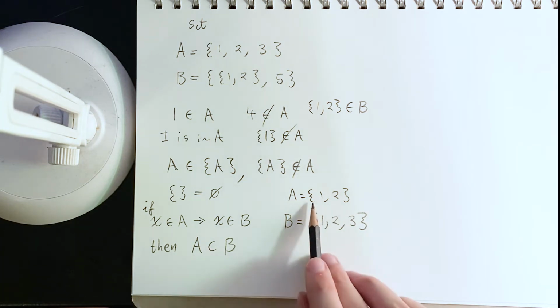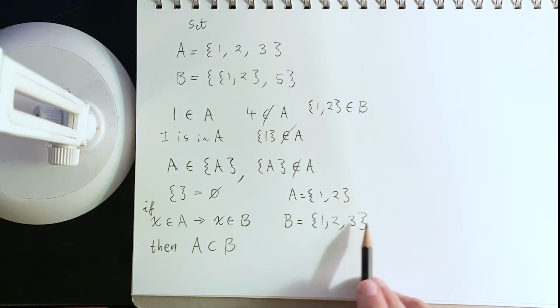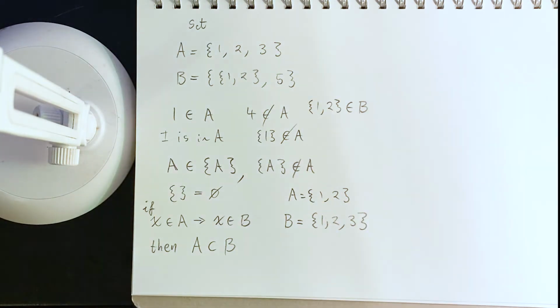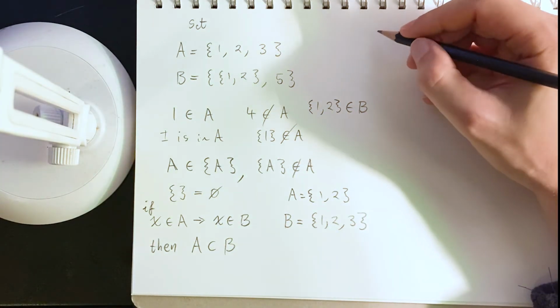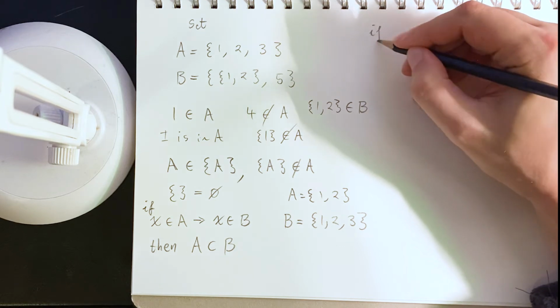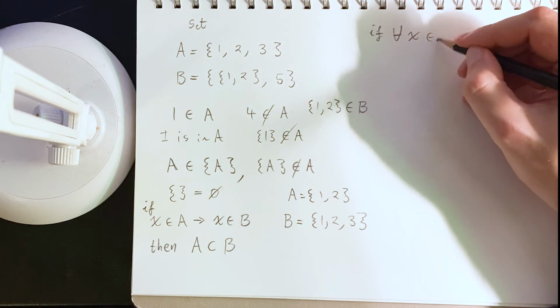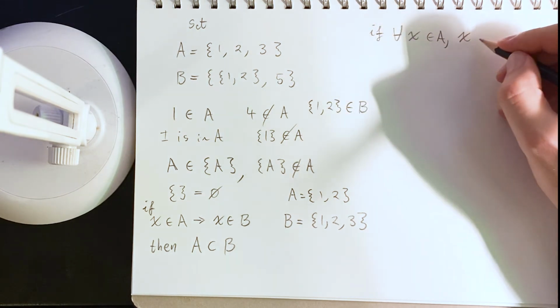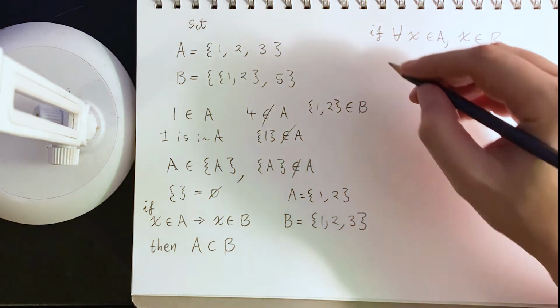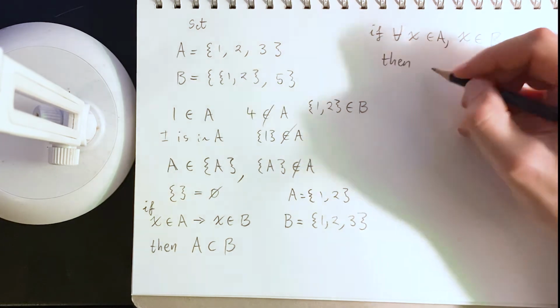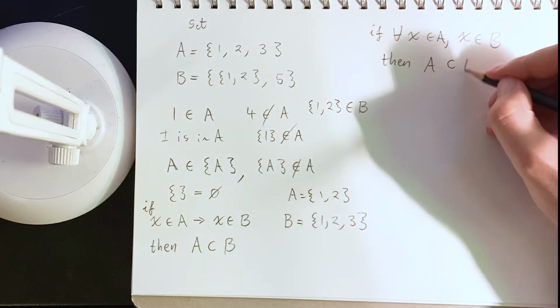Yeah, everything in A is in B, but there exists something in B which is not in A. Another way to rephrase this is to say, if for all elements in A, that element is in B, then A is a subset of B.